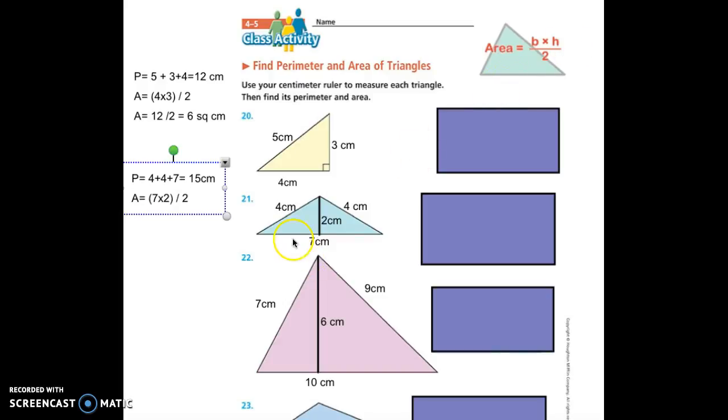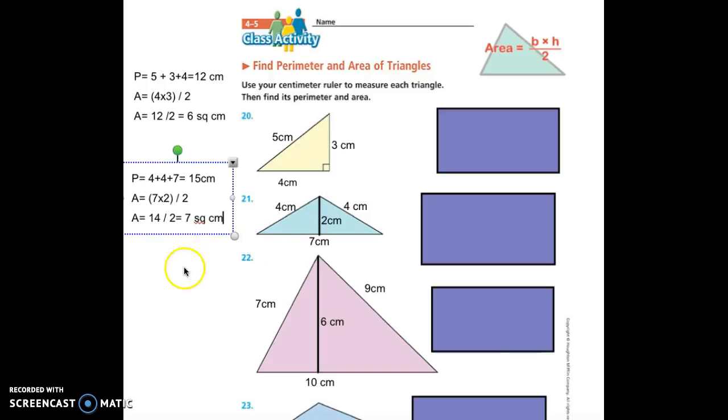So base, the bottom of the triangle, times the height of the triangle divided by 2. So 7 times 2 ends up equaling 14 divided by 2, which gives us 7 centimeters squared, or square centimeters. We'll write that. Here we go.